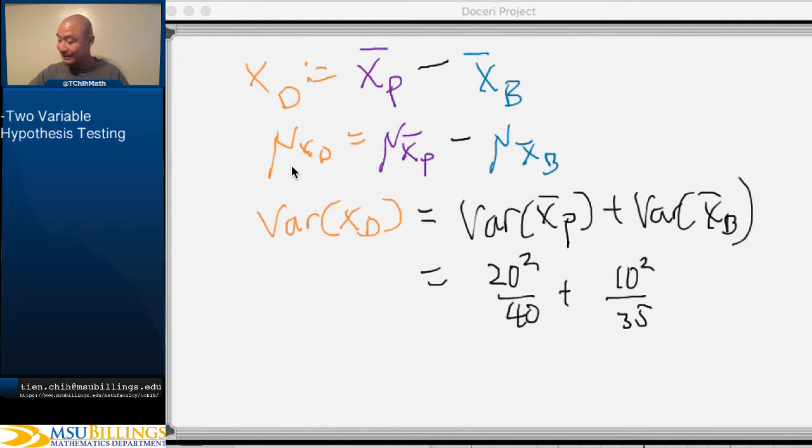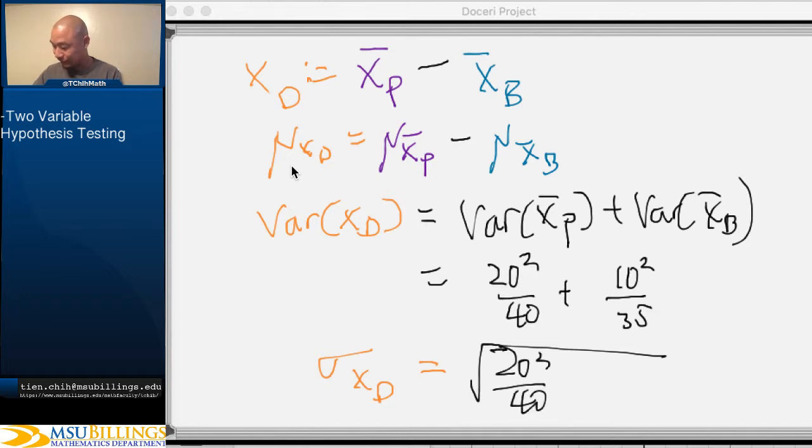And then finally, the last piece of this is the standard deviation of xd. What should that be? Well, it should be the square root of the variance, right? That's what we've shown before. So we can go ahead and do that.